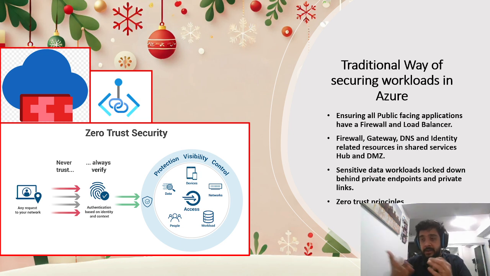So on Azure, Entra ID is the identity provider, and we're talking about MFA and conditional access to block known malicious IPs, certain countries of origin, and even whitelisting certain devices that are known to the tenant. So these are the traditional ways of securing workloads in Azure.